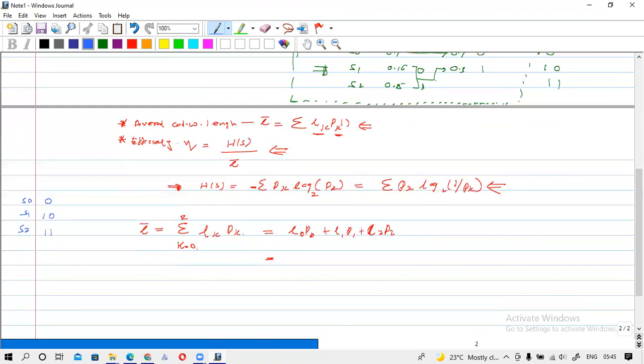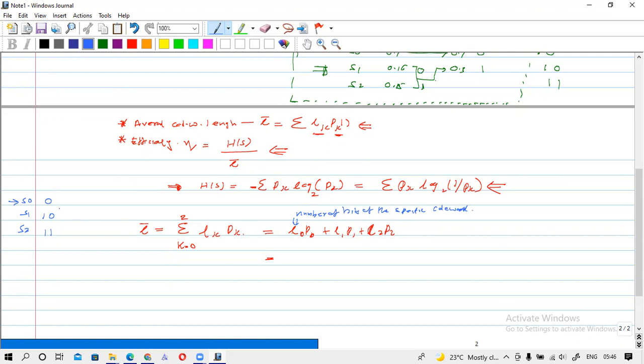What is the code length for this symbol? It is 1, because only one bit is there. Code length is the number of bits of the specific code word.